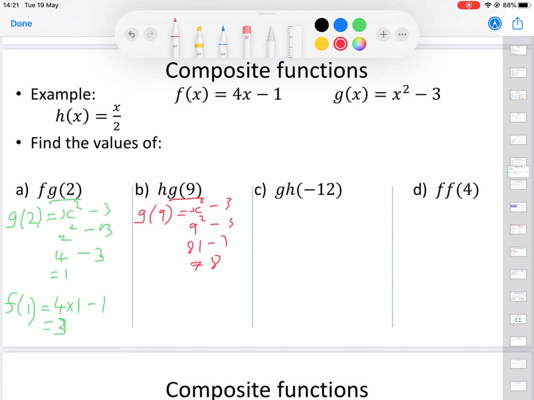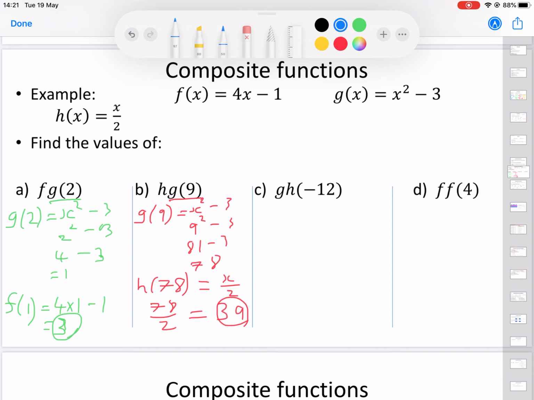We're going to put that into the h function, so h of 78, and that's equal to x over 2, so we're going to do 78 divided by 2, which gives me an answer of 39. And we're done. Again, we put it through a function twice. We put it through the g function first, and then took our answer and put it through the h function.